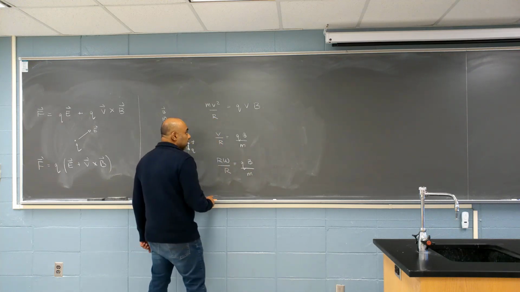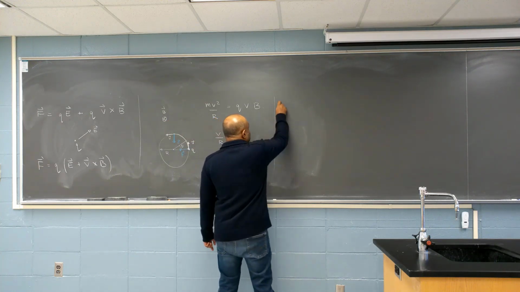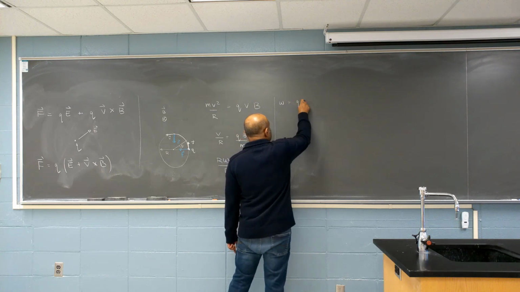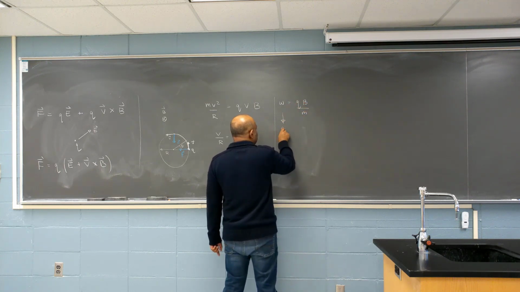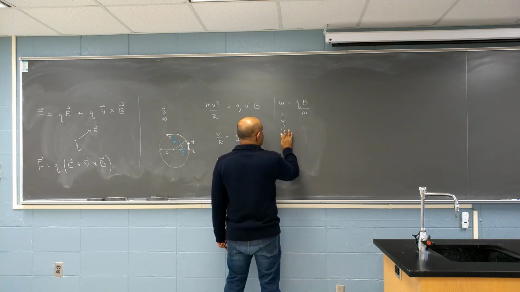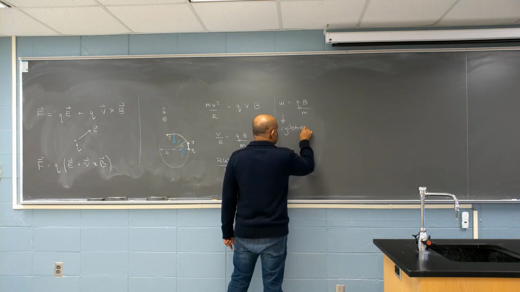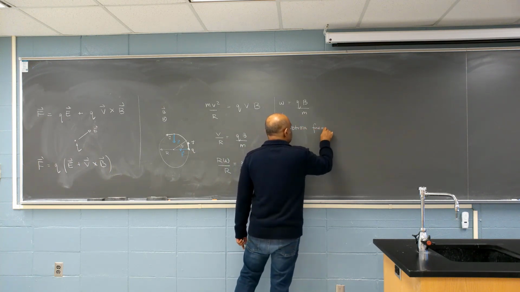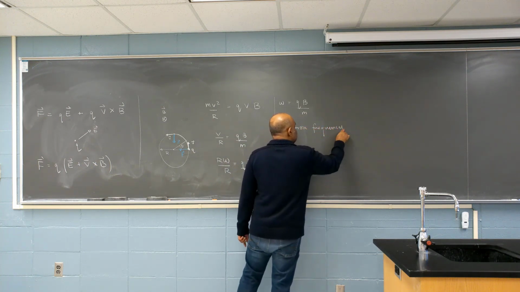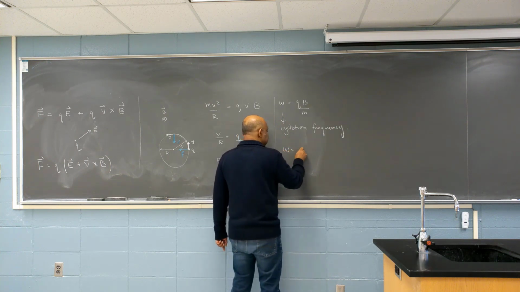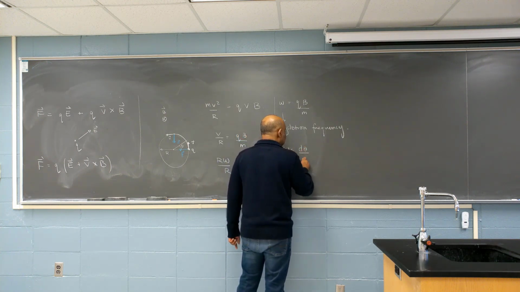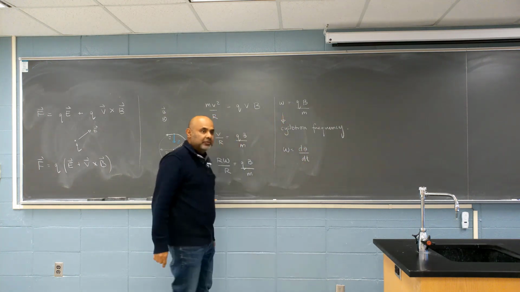And here indeed, you get omega equals qB over m. This is called the cyclotron frequency. Omega is nothing but d theta over dt, the rate of change of angle.